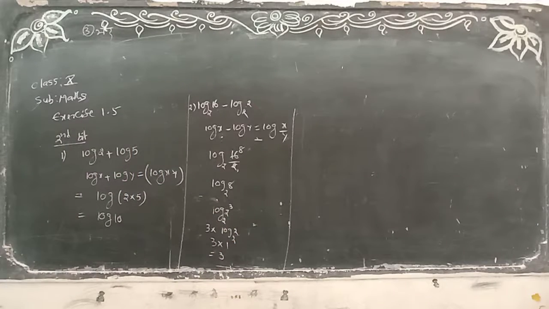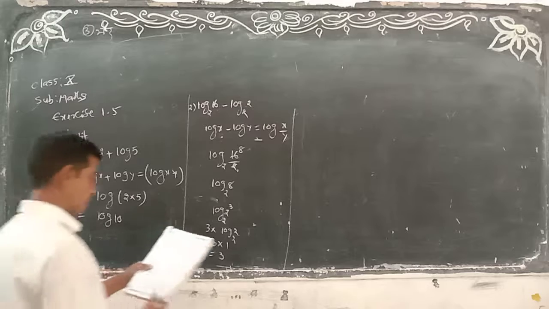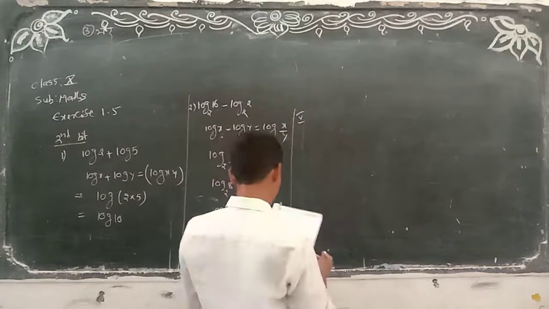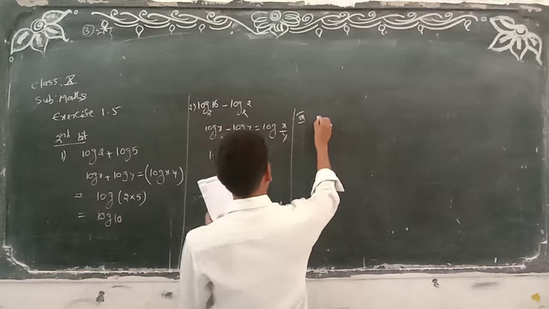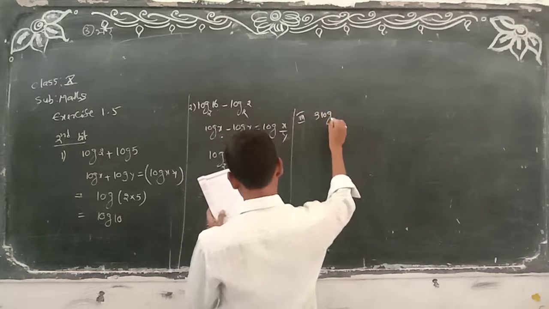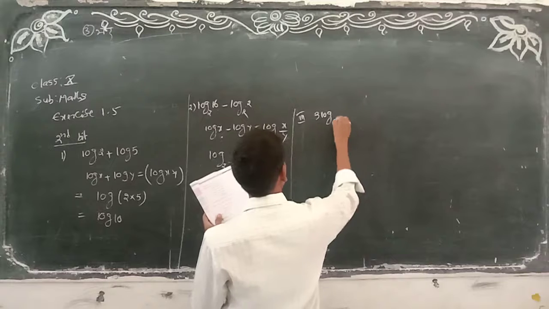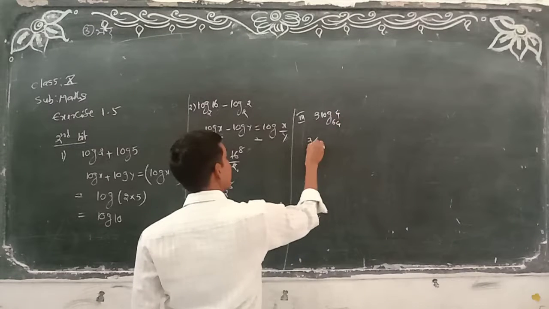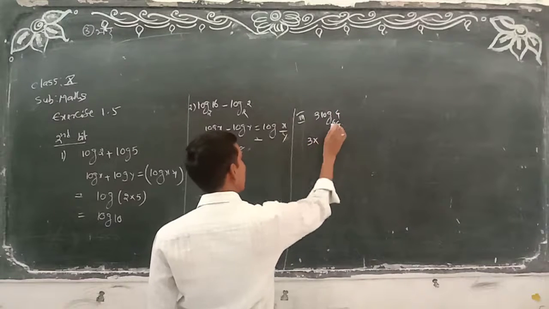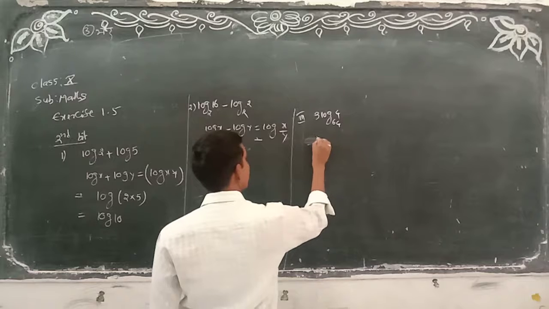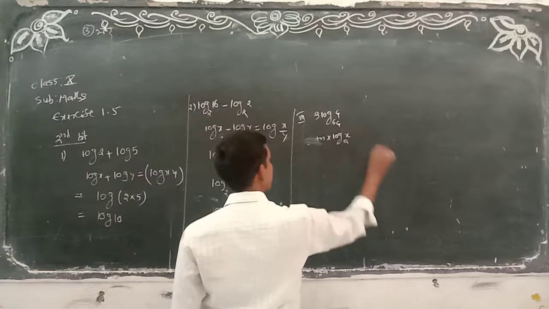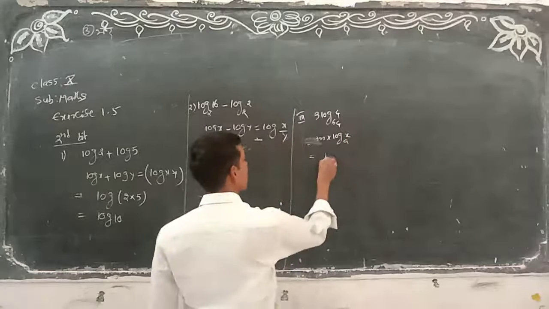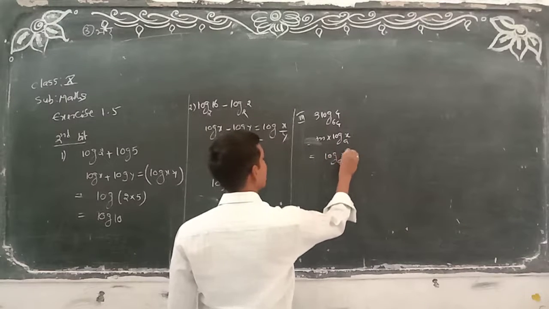Okay. Next, third one, look here. 3 log 64 4. That means 3 into log. Which is the formula here? m into log base a x is log base a x to the power m.